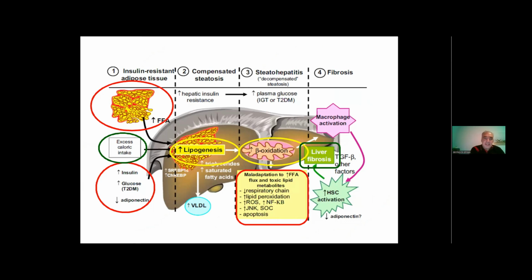Insulin resistance is the main problem. When we don't have the right signaling of insulin on the adipose tissue, the problems begin.